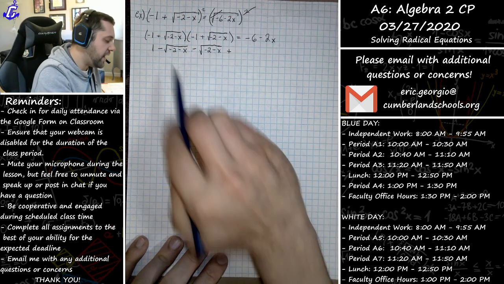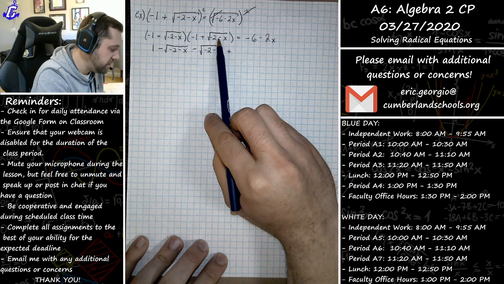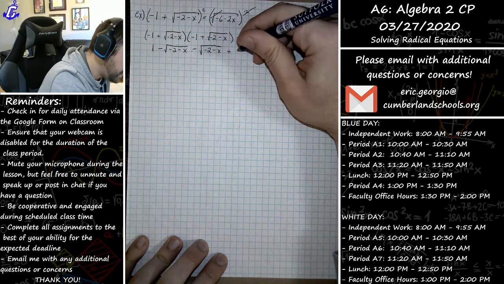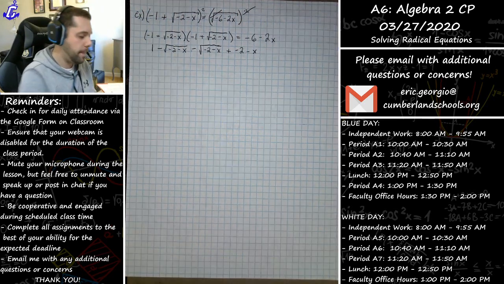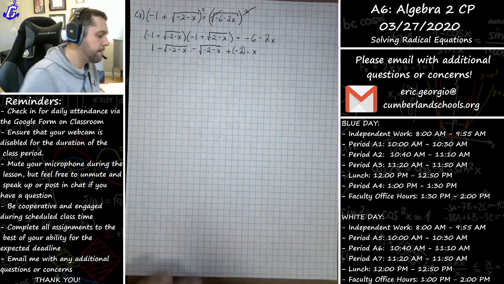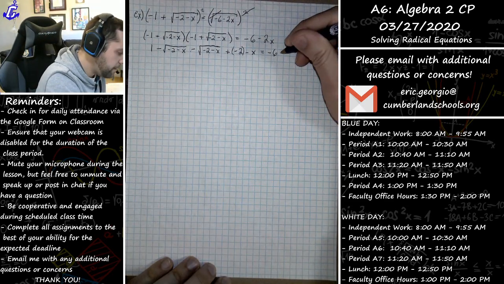Plus now, we got the square root of negative 2 minus x times the square root of negative 2 minus x, which is exactly that. We get negative 2 minus x. And again, that's all equal to this side of negative 6 minus 2x.